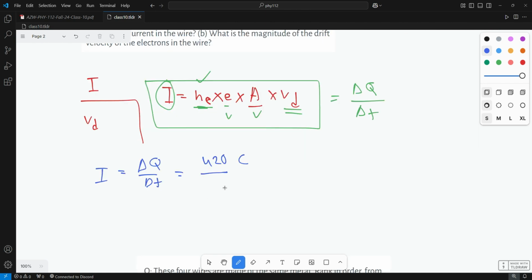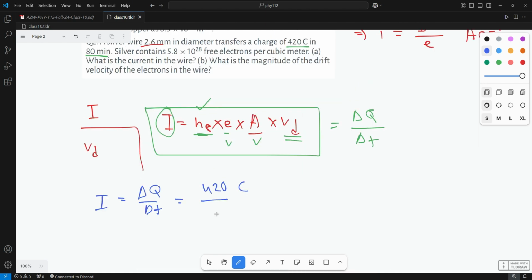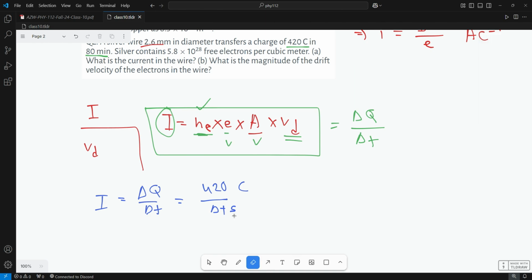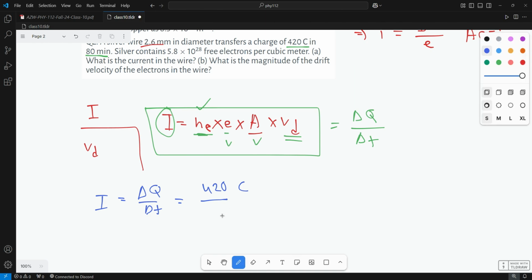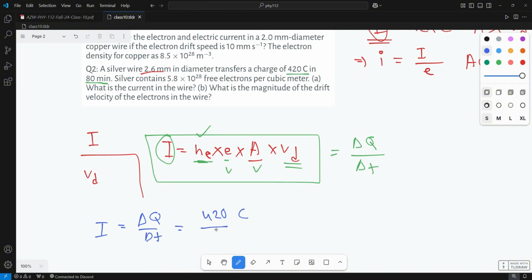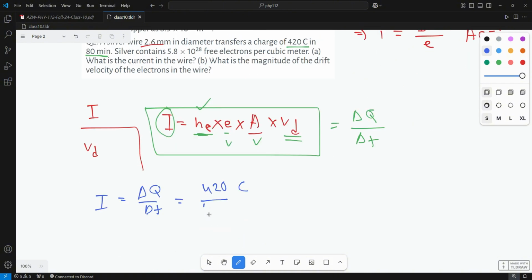You just have to convert these minutes into seconds. 1 minute is 60 seconds, so we can write 80 times 60, which is 4800 seconds, and this will result in something ampere. So this is the current.